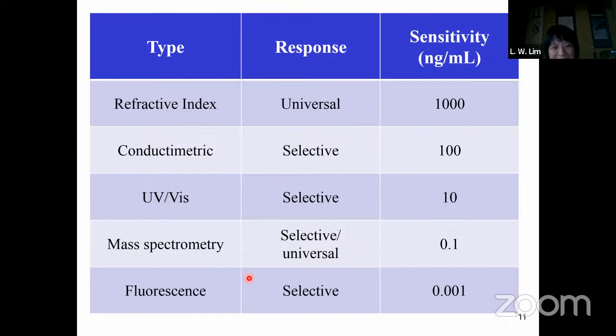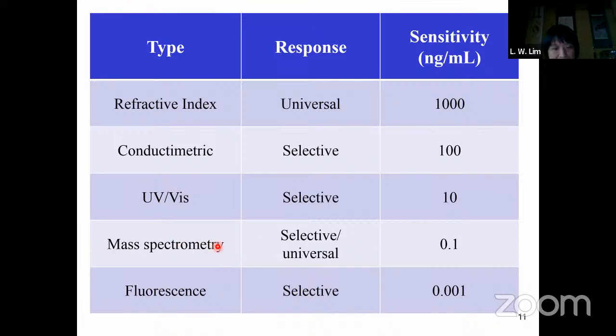Mass spec, on the other hand, is becoming more popular now because of omics research and so many different kinds of research on biological samples. Some textbooks say this is a universal detector. Some textbooks say this is a selective detector. Of course, you have to ionize your samples.